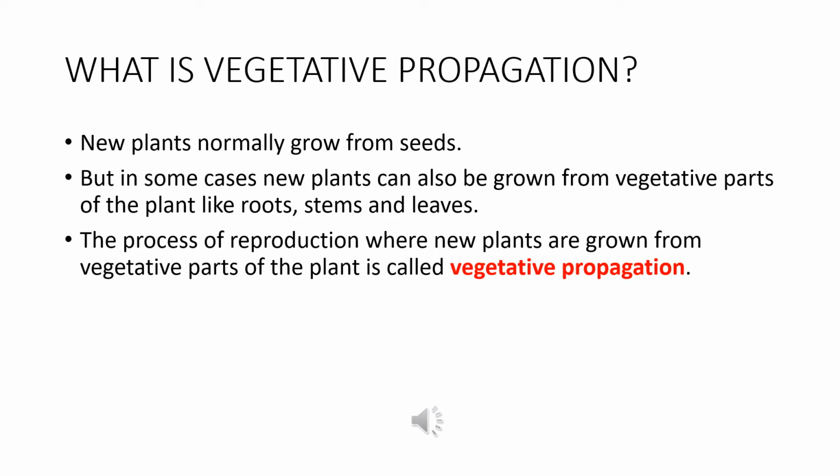But in some cases, new plants can also be grown from other parts of the plant except the seeds. Which parts are those? The parts are roots, stems and leaves. So the process of reproduction where new plants are grown from vegetative parts of the plant, not from the reproductive part of the plant like the seed, is called vegetative propagation.